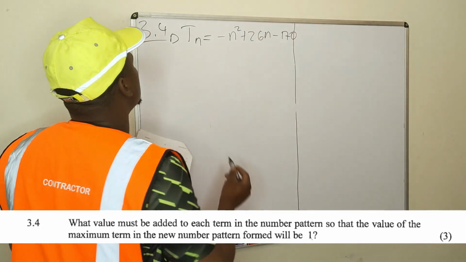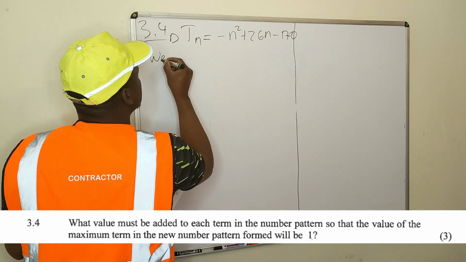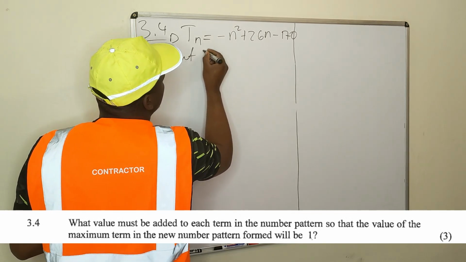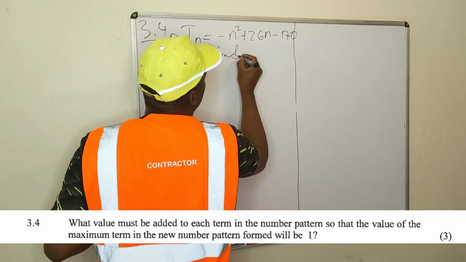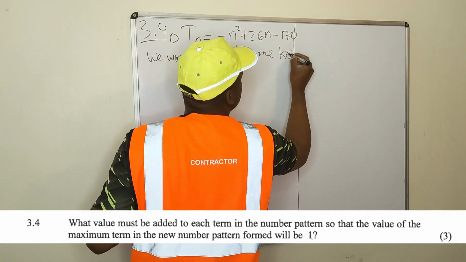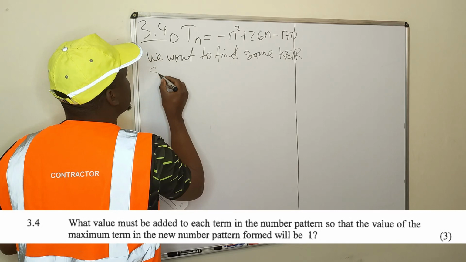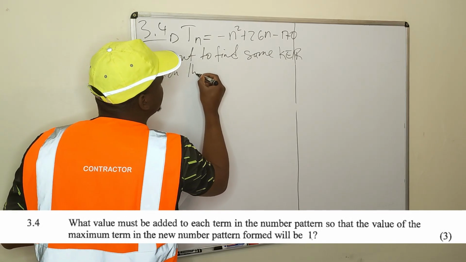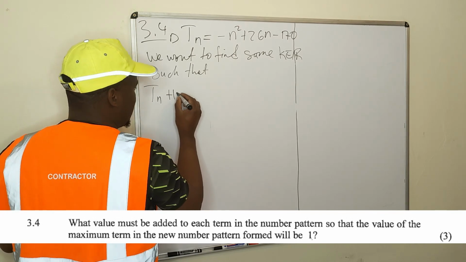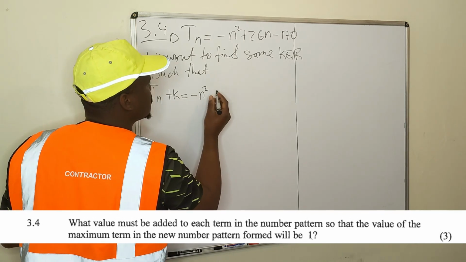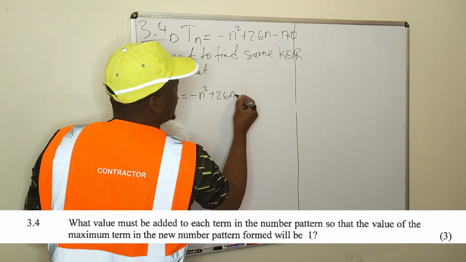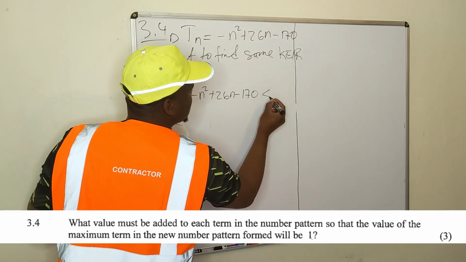So we want to find some k, that is a real number, such that your Tn plus k, which is negative n squared plus 26n minus 170 plus k, is less or equal to 1.